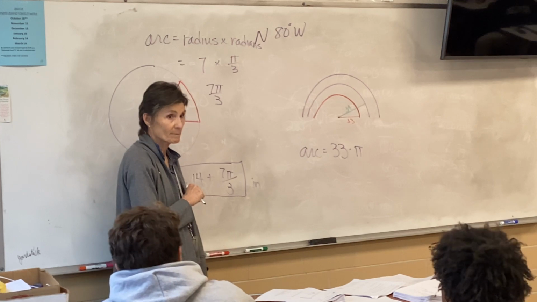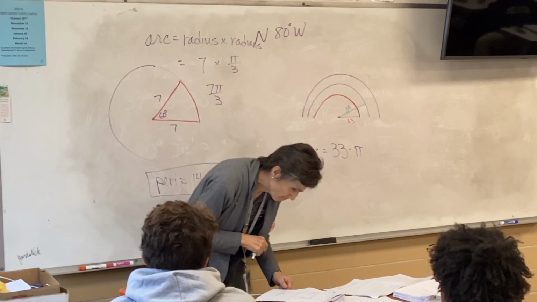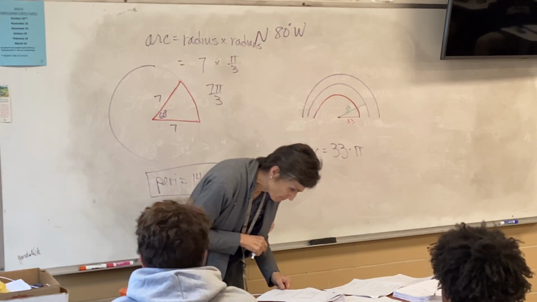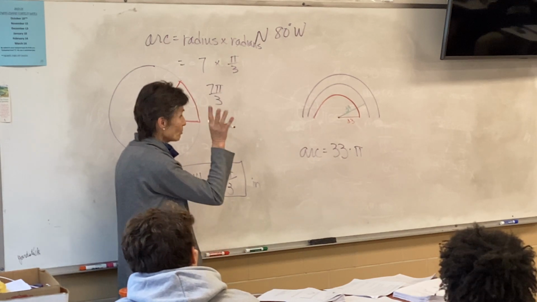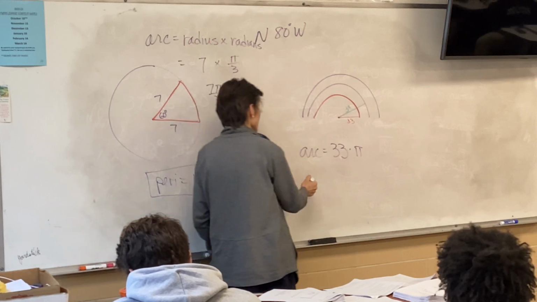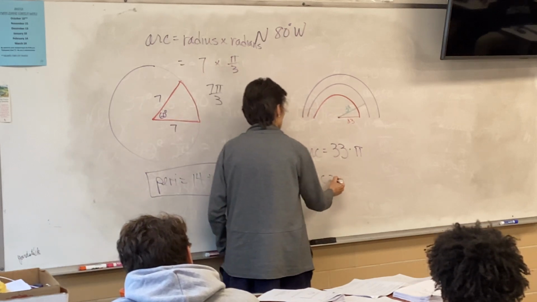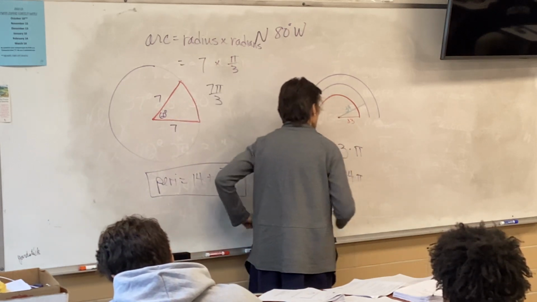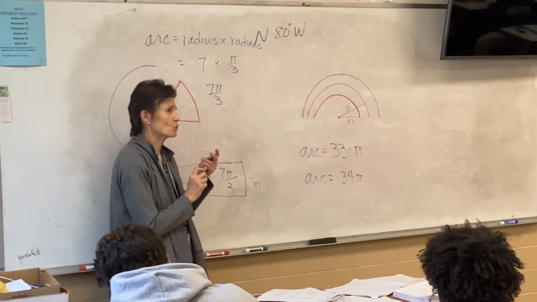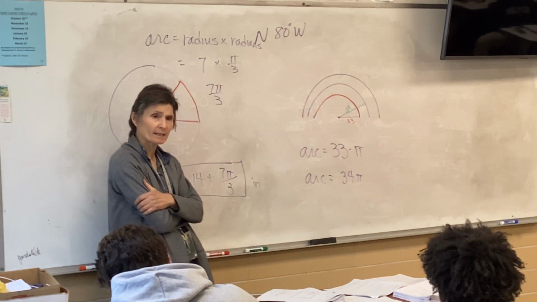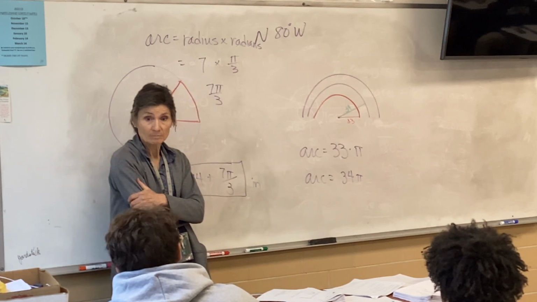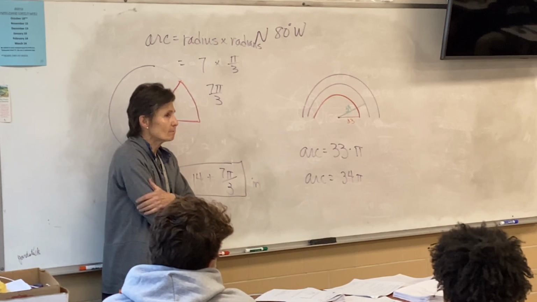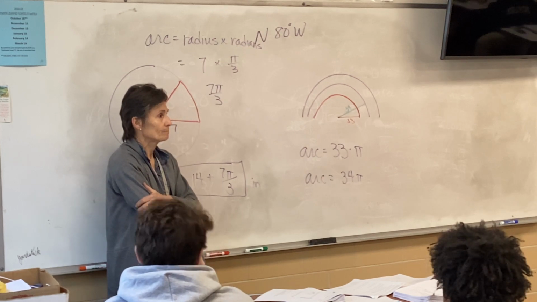Is that okay with everybody? Okay, so 33 pi is lane 1. What will lane 2 be? 34 pi. So how many meters longer does the guy in lane 2 have to run than the guy in lane 1? Pi, 1 pi? Or about 3 meters more.